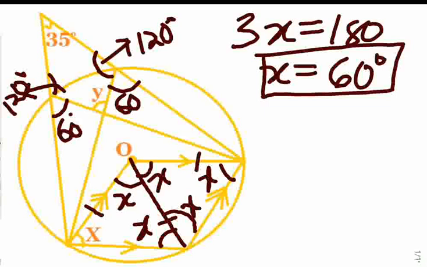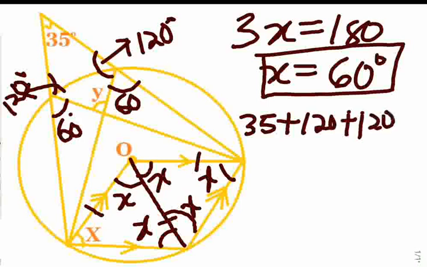So finally, to get the value for y, this is a four-sided figure. The sum of interior angles in a four-sided figure is equal to what? 360 degrees. The sum of interior angles in a four-sided figure is 360 degrees.